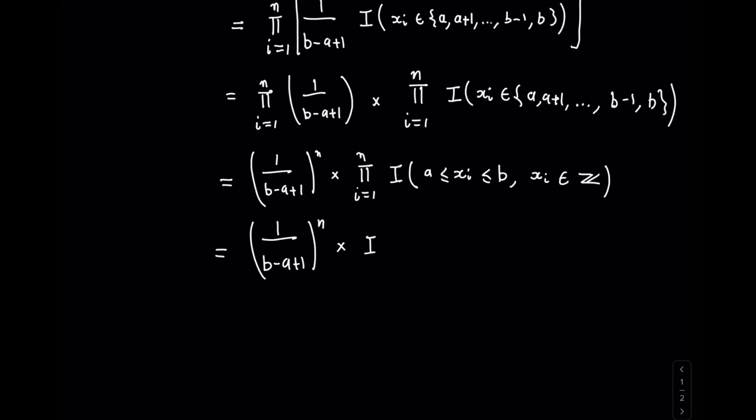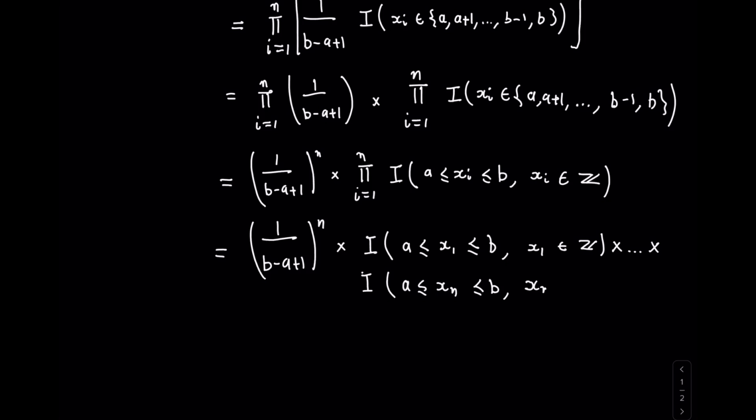So it'll be the indicator function that x1 is between a and b, and x1 is an element of the integers, times dot dot dot, all the way to the indicator that xn is between a and b, and xn is an element of the integers, as you can see here.